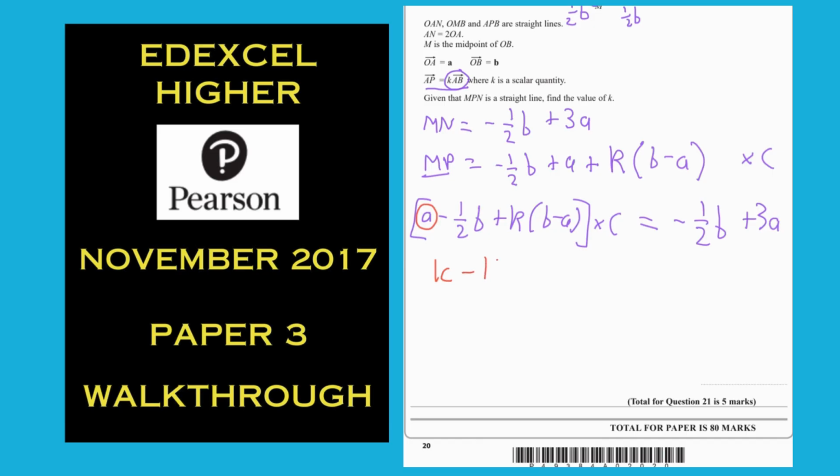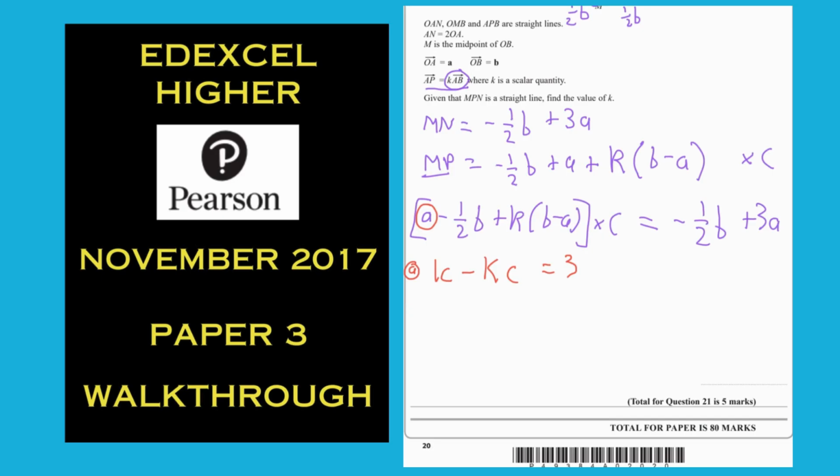Well, there's a minus, there's a K, and there's a C times everything. So I've got C minus CK. That's what's in front of the A's on the left-hand side. What's in front of the A's on the right-hand side? 3.